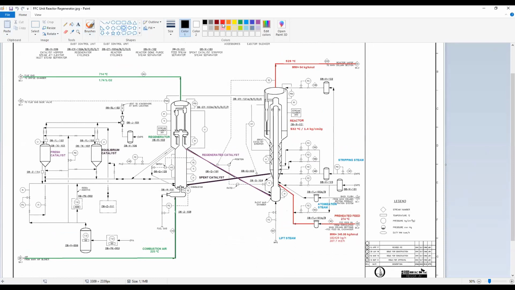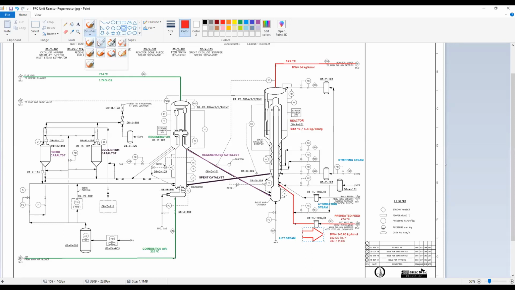The feed is here. I am putting the arrow here at the top of the right. Here is the preheated feed, and we have the temperature that is 274 degrees C. Remember that we heat this feed with the heat exchanger with the streams from the main column.